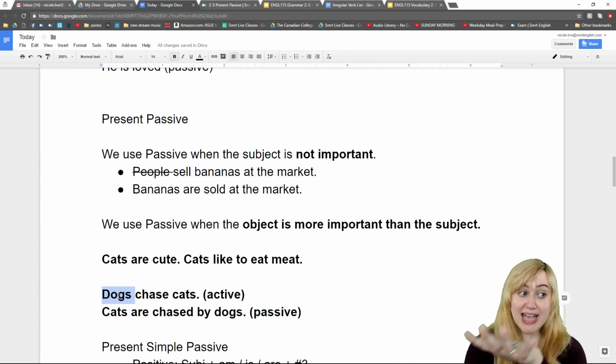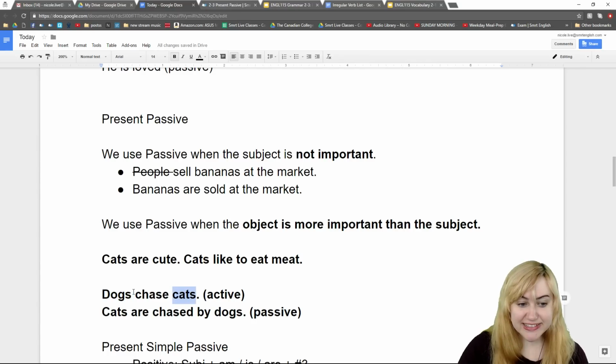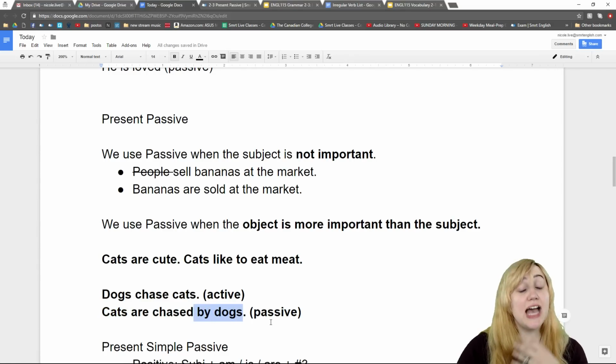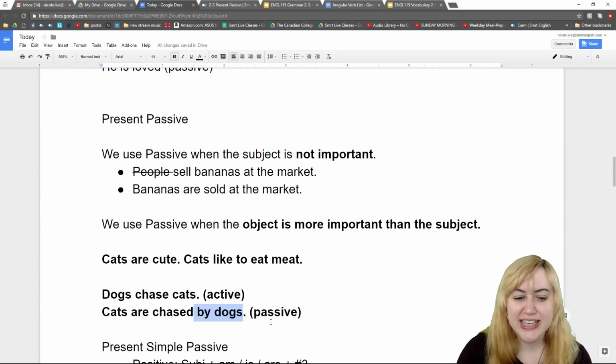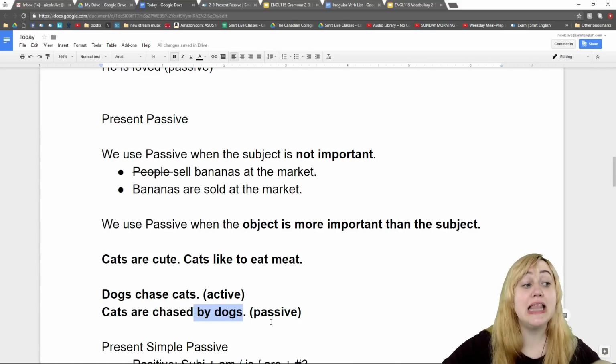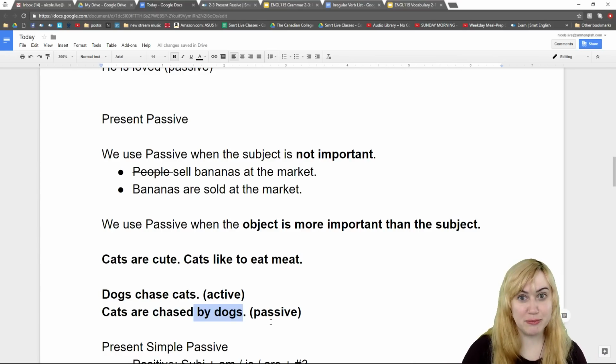So I can use passive to put cats at the beginning. And I just put by dogs because I do want to say who chases, or what chases, I guess, for animals, what chases. But I think it is less important.